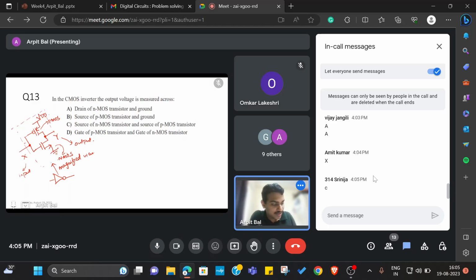The arrows actually represent the source terminals. For the NMOS, this arrow represents the source terminal which is connected to the ground. This arrow represents the PMOS source terminal which is connected to VDD. And we are taking the output Y. Now can anyone answer it?